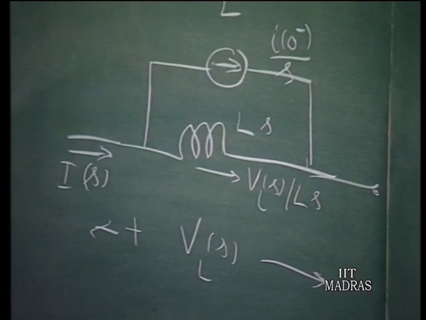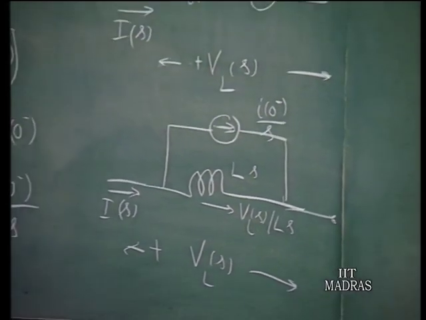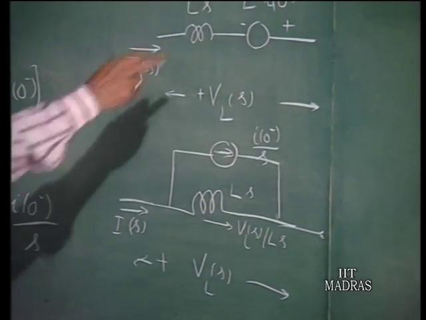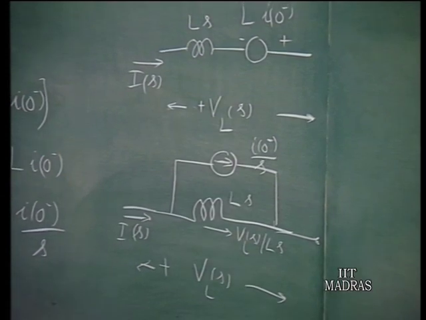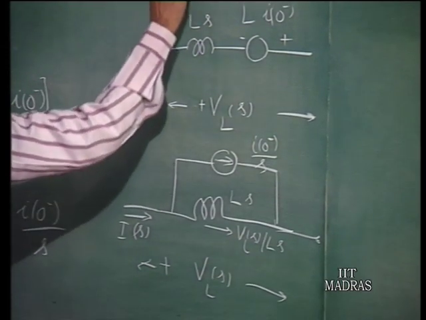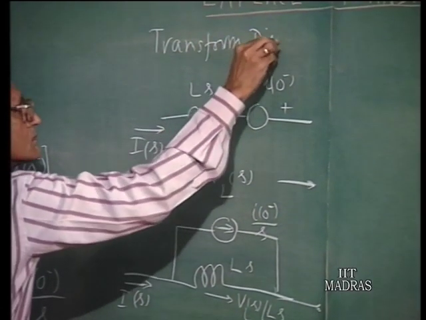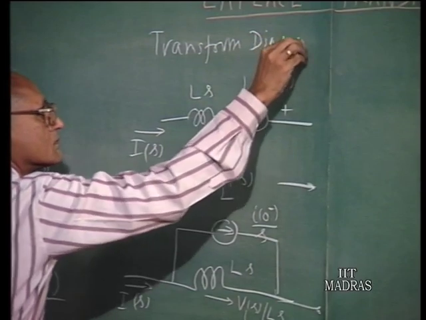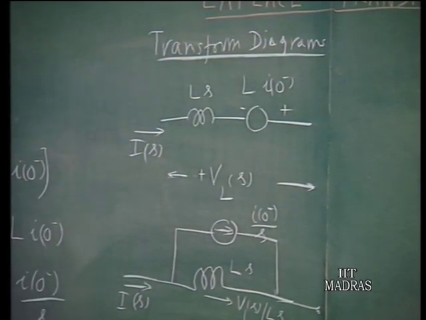So you have two equivalent circuits for an inductor which incorporates the initial value of the current also in the transform domain. Both these are called transform diagrams. Transform diagram pertaining to an inductor.